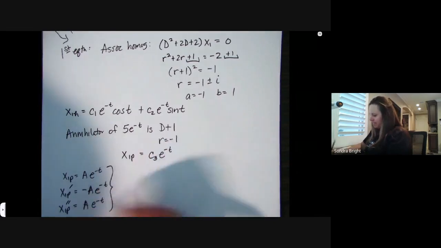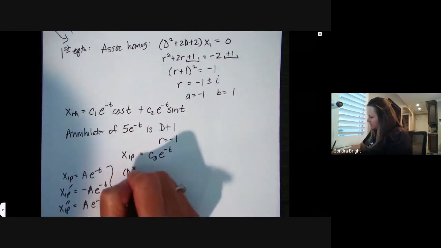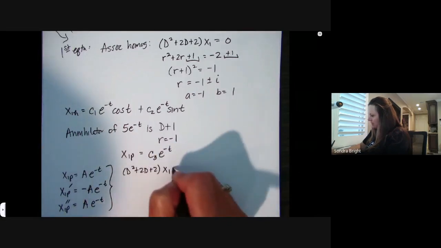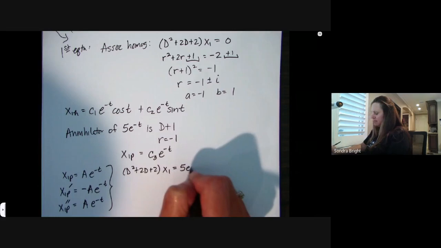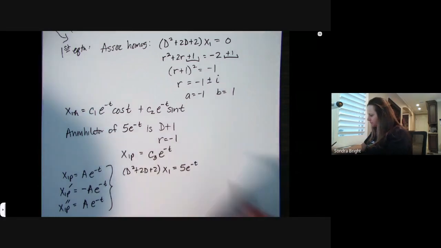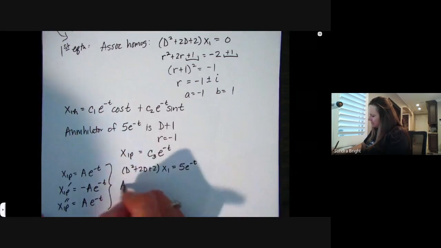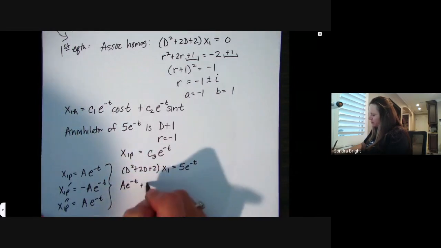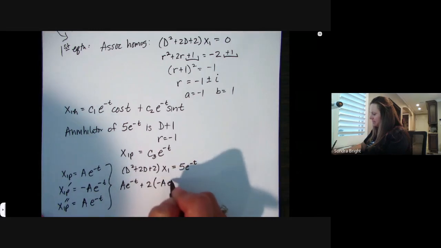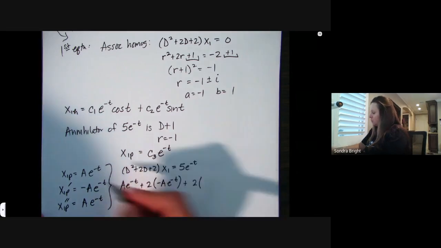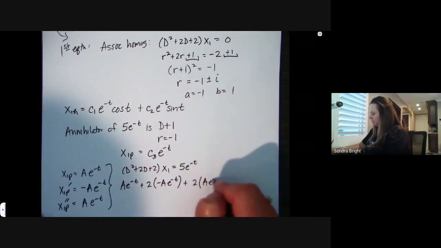And we're going to plug that into the D squared plus 2D plus 2 operating on x1 equals 5 times e to the negative t. All right, so second derivative would be a times e to the negative t. We're going to go 2 times the first derivative, which was negative a times e to the negative t, and then plus 2 times just x1, so a times e to the negative t.